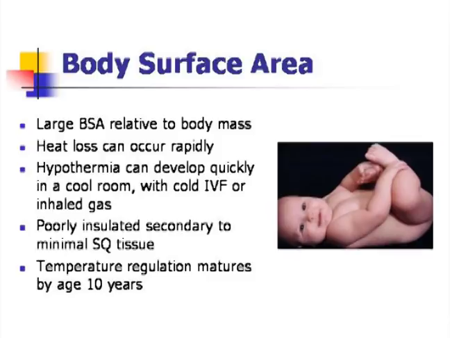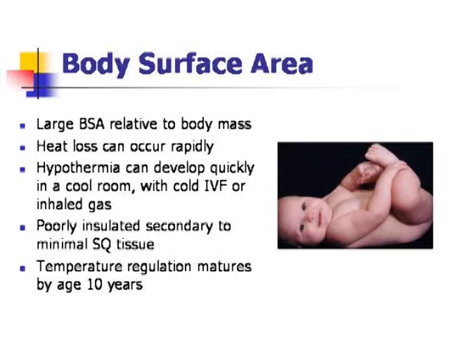The other thing is kids are poorly insulated compared to adults, and if you compare the amount of fat on a baby compared to an adult, the kids are just less likely to be as well insulated.